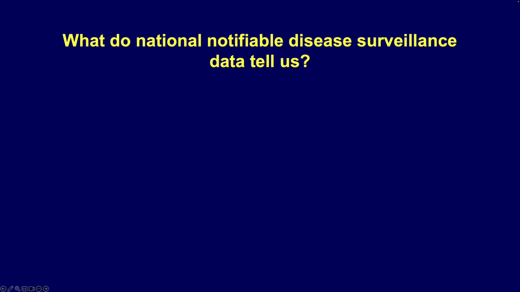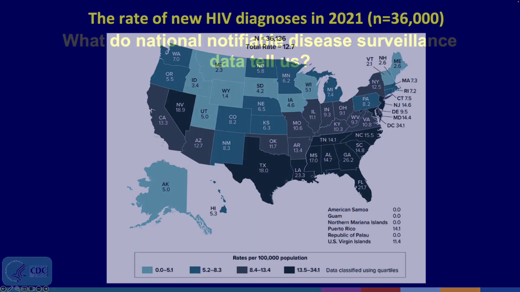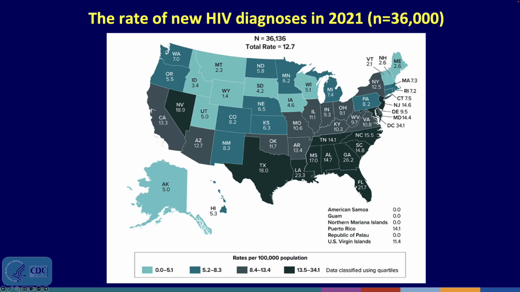So what do the national notifiable disease surveillance data say for both HIV and AIDS? What do they tell us? So this is a map showing the rate of new HIV diagnoses among adults and adolescents in 2021. There were about 36,000 new HIV diagnoses in that year around the country.